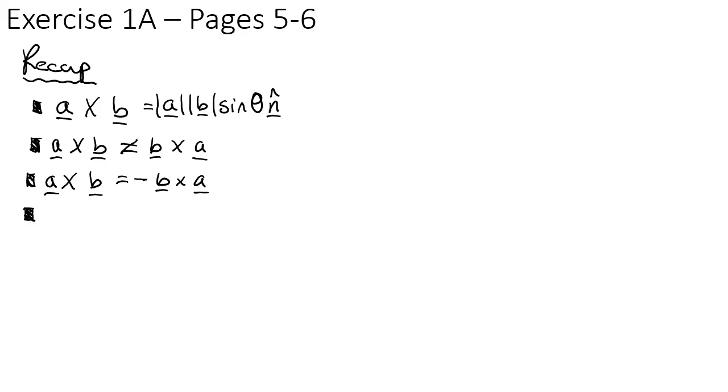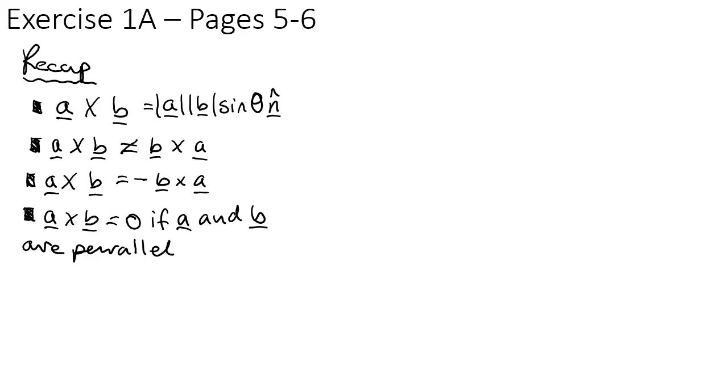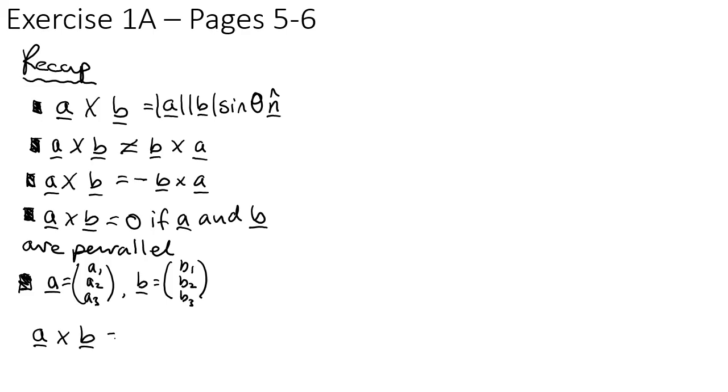If A and B are parallel, then the cross product is 0, so A cross B equals 0 if A and B are parallel. If we have vector A equals A1, A2, A3, and vector B is B1, B2, B3, then we can use determinants to work out the cross product.